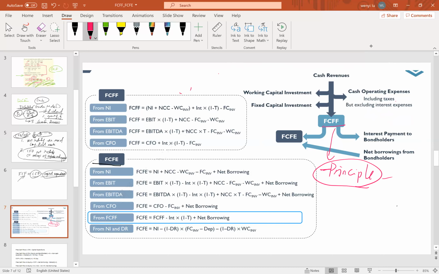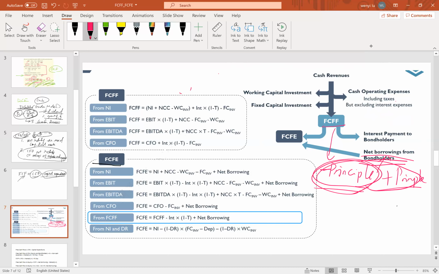But you can also issue more debt, so you can have more principal borrowed as new borrowings. So the change of these two will be the net borrowing from bondholders.